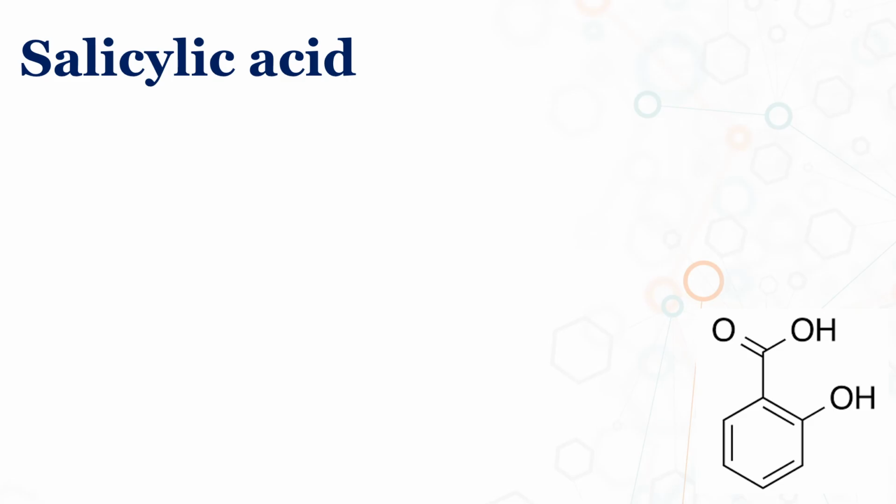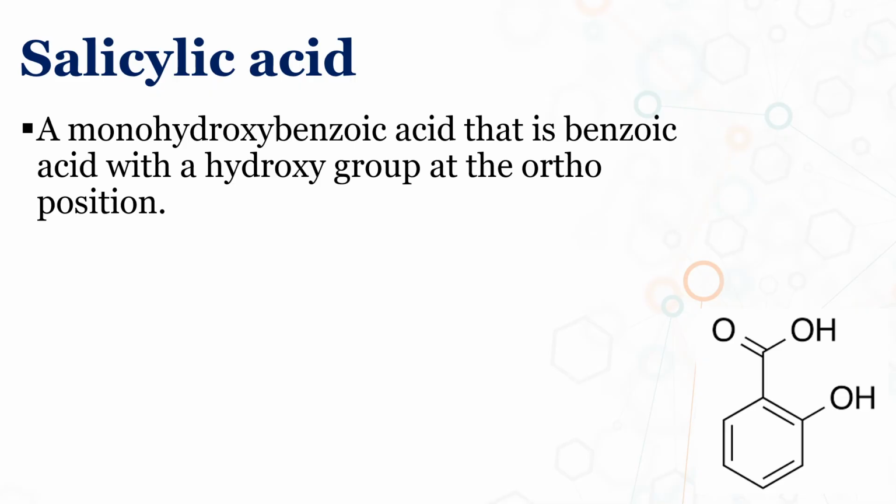For our first compound, we have salicylic acid. Salicylic acid, class, is a monohydroxybenzoic acid, meaning a benzoic acid with a hydroxy group at the ortho position. I think you have discussed this already in the lecture.